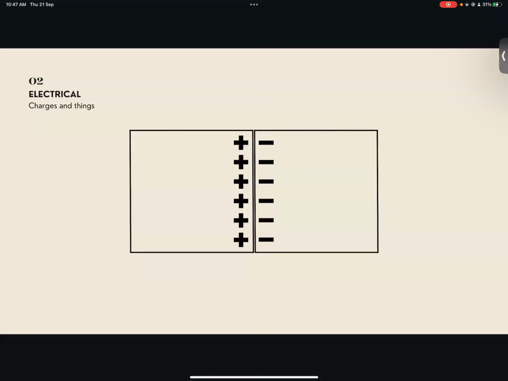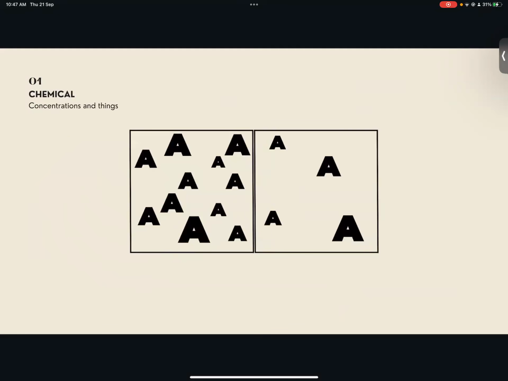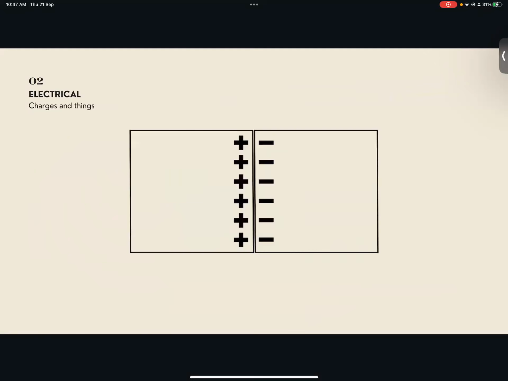But let's just say that this membrane is only permeable to the positively charged ions and not to the negatively charged ions. So in the same way that we see a concentration gradient, because the one on the left is more concentrated than the one on the right, we could say here that there's an electrical gradient.